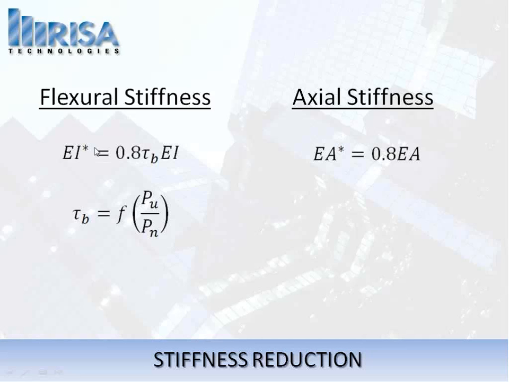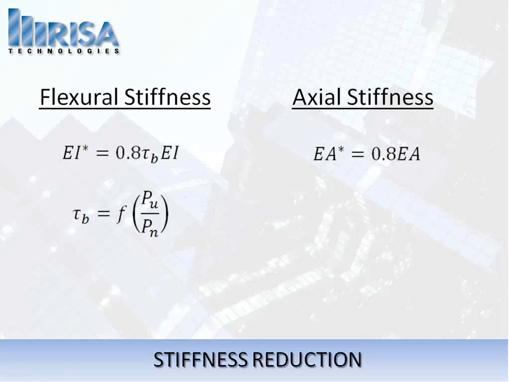Well, now when we take a look at this, the AISC is directly telling us that the stiffness of the member is dependent on the force that's in that member. So if the force is dependent on the stiffness and the stiffness is dependent on the force, we end up in sort of a loop here. And the only way to get around that is to do another iterative process.